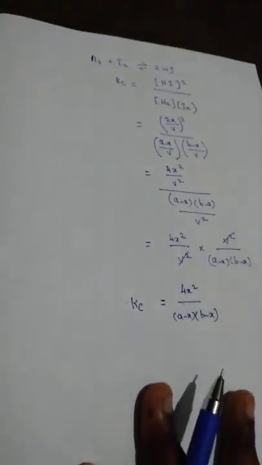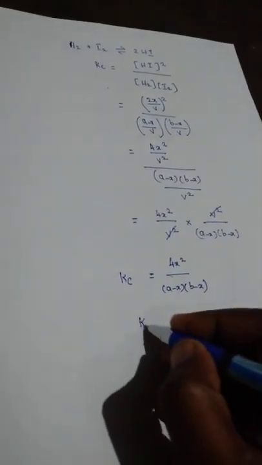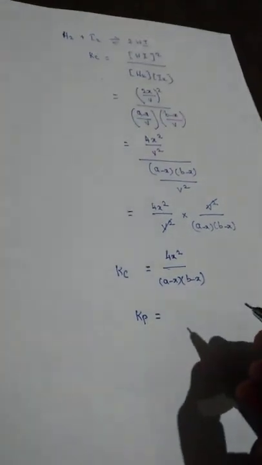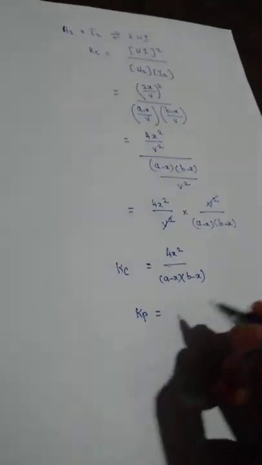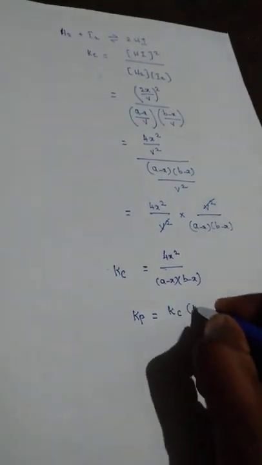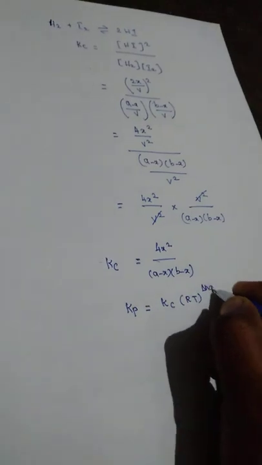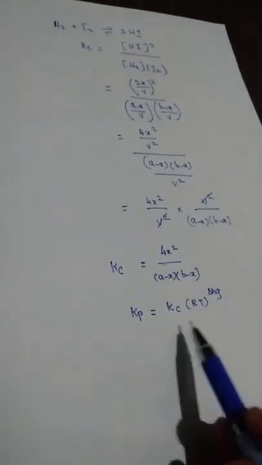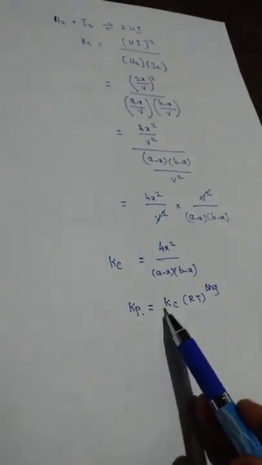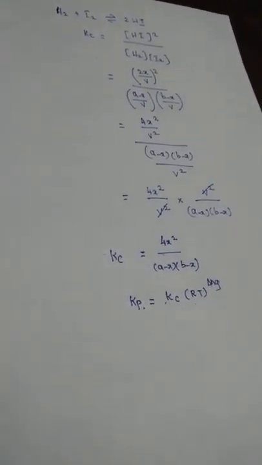Same way we can calculate the Kp also. So how we can calculate it? Just apply the relation between Kp and Kc. Kp is equal to Kc into RT power delta Ng.